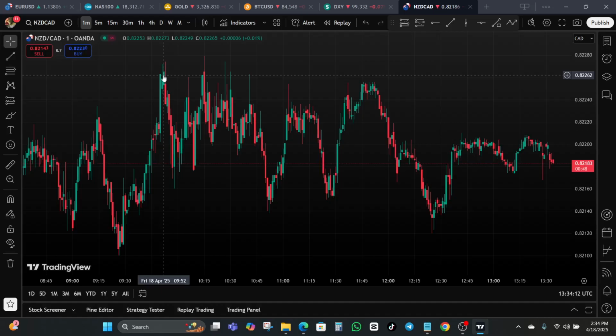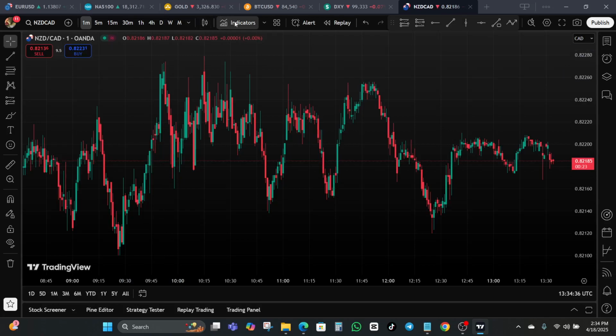So if you've ever felt overwhelmed by noisy price action on the 1 minute chart, then Heikin Ashi candles might be the solution. These are not standard candlesticks. They are calculated differently to filter out market noise and show clearer momentum. And that's why we're going to be looking at this strategy. So let's start with why Heikin Ashi works so well on low time frames.